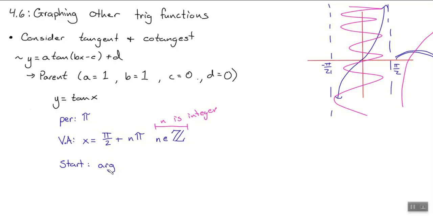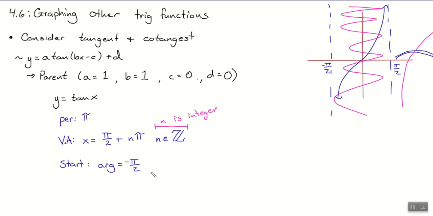So I'm going to say this when the argument, and in this case it's just x, right? Because we're just doing the parent. But we're going to say it's when the argument is equal to what? I don't like pi halves, not quite. I'd like negative pi halves.